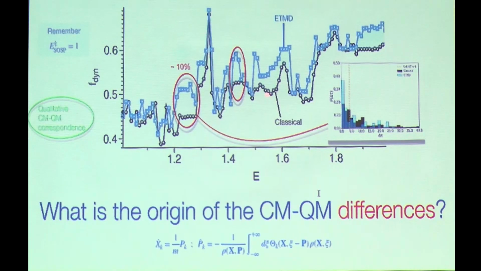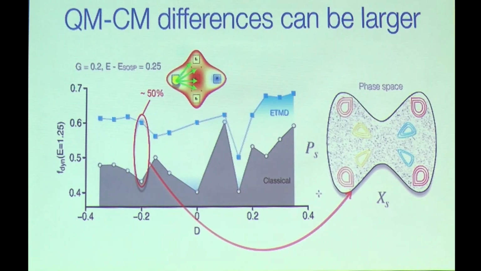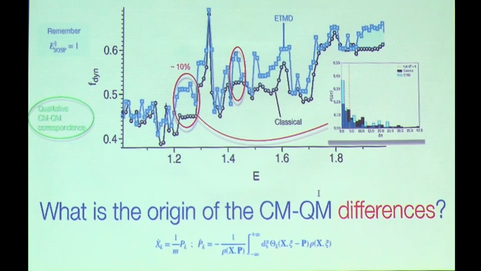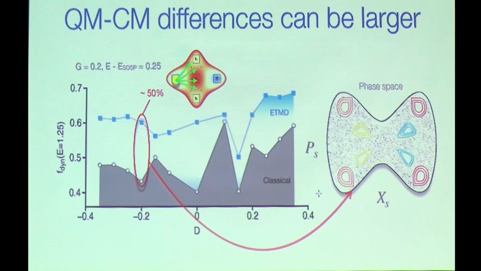But there are differences over here. Now, the question, of course, is what is the origin of these differences? Where are these differences coming from? It turns out what I showed you was the more conservative difference. If you vary the D, remember this parameter that changes the shape of the potential, you can make these differences pretty large. For example, here is this dynamically concerted fraction.